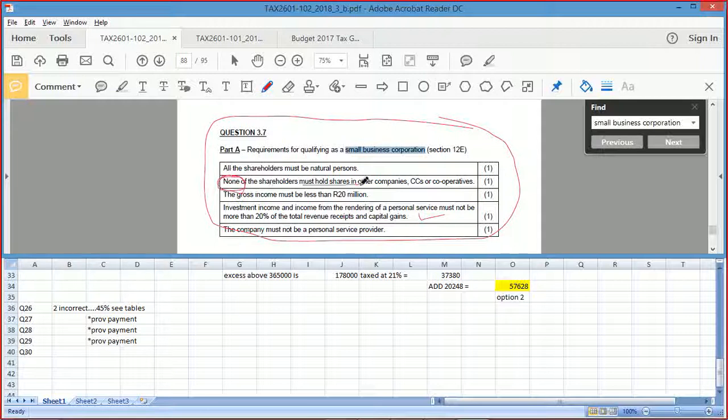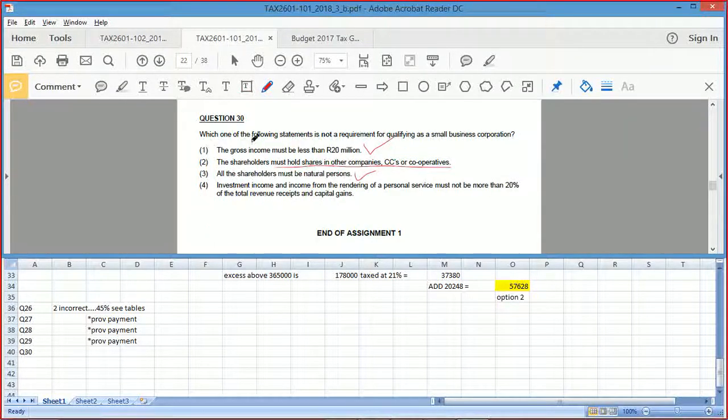None of the shareholders must hold shares in other companies. It's always the case. Micro and SBC are identical. You'll see a slide in the notes I will send you that gives you the comparison. Those are the two criteria: natural persons, as well as not holding shares.